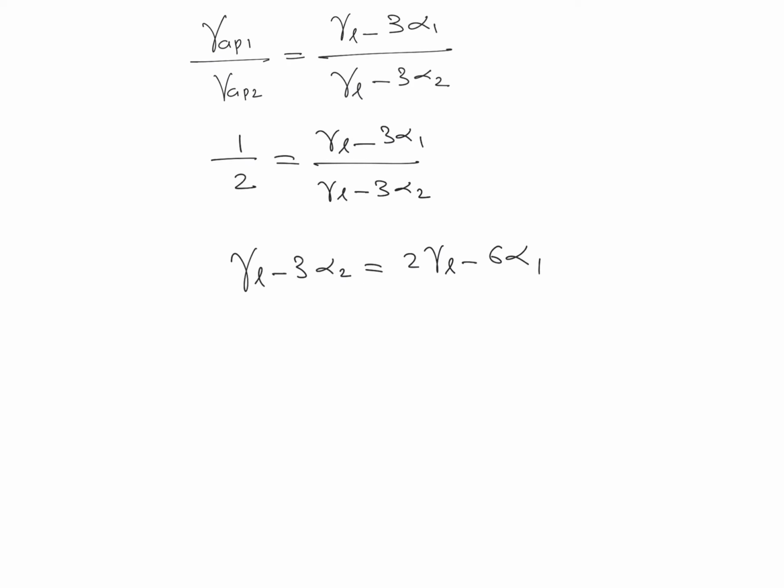Now we are to find out the value of gamma of liquid. So we can write 6 alpha 1 minus 3 alpha 2 is equal to 2 gamma L minus gamma L, which is equal to gamma of L.